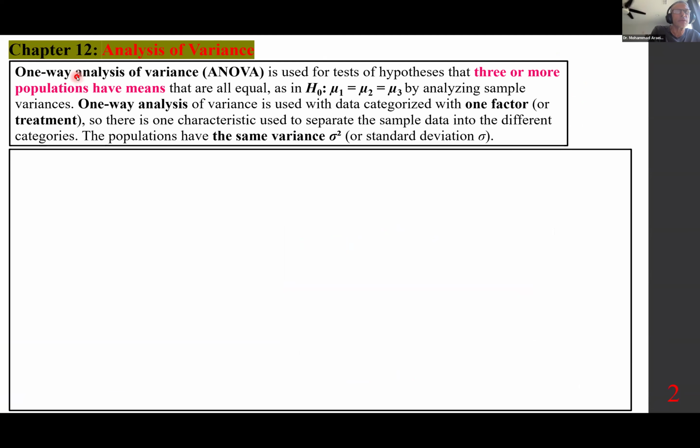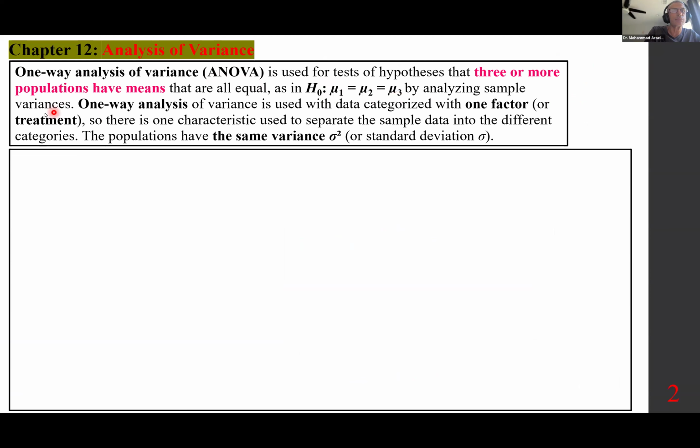One-way analysis of variance, short ANOVA, is used for tests of hypotheses that 3 or more populations have means that are all equal, as in H0, mu sub 1 equals mu sub 2 equals mu sub 3. In other words, we have more than 2 populations.